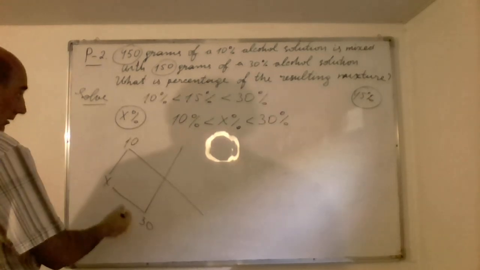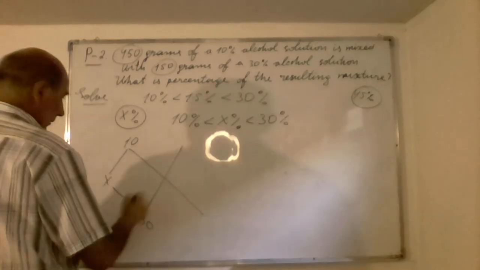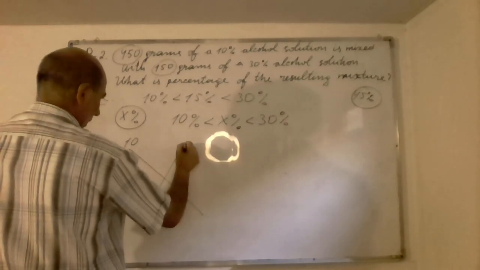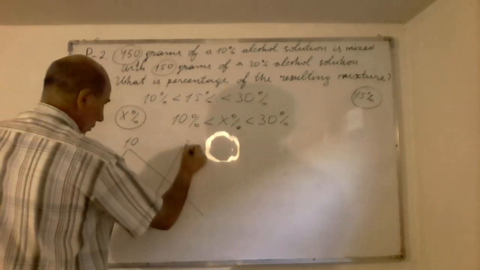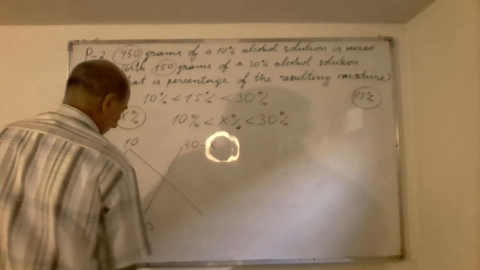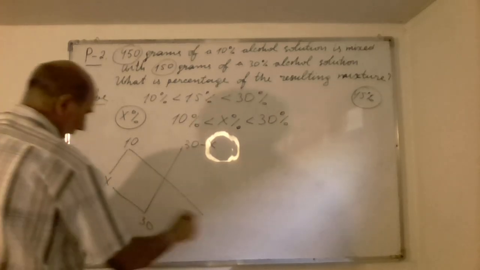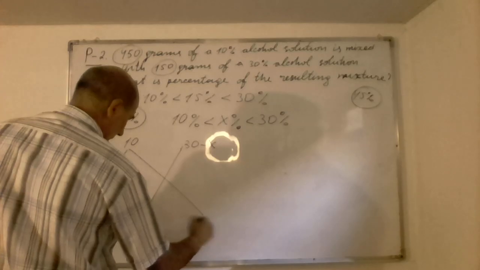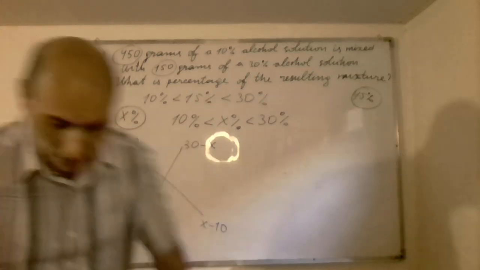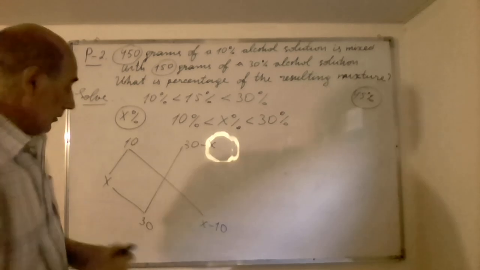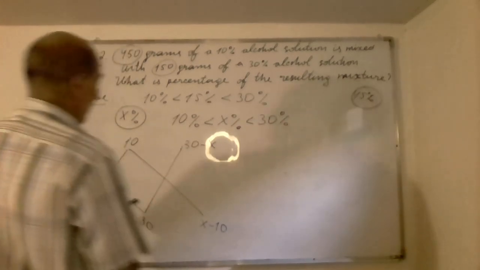And here we can write 30 minus x, and here x minus 10.